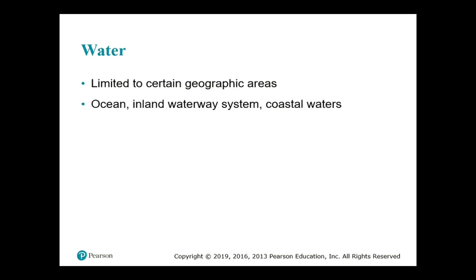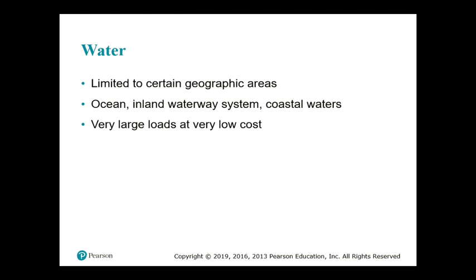Then we have water. Since it requires water, we can only have water transportation when there is water. So we're limited to geographic areas, including ocean, inland waterways, and coastal waters.